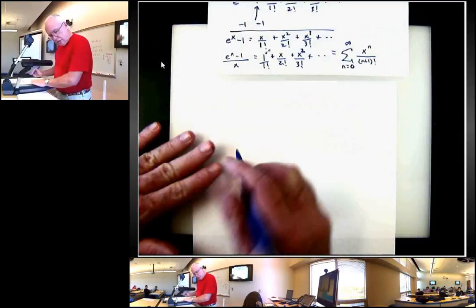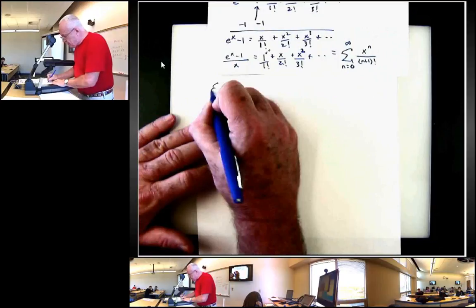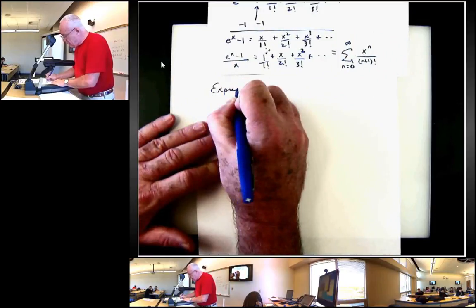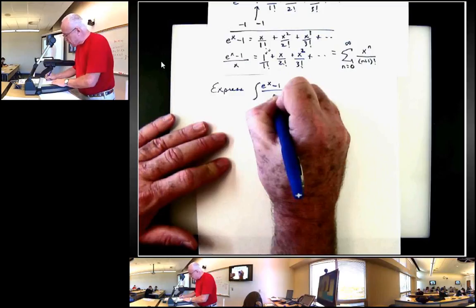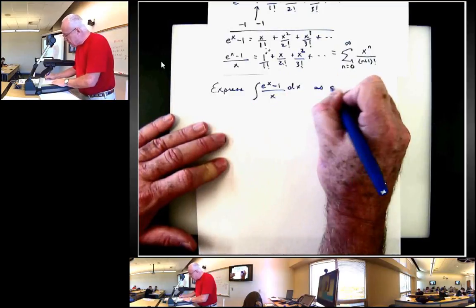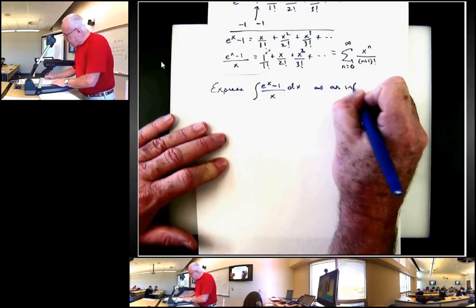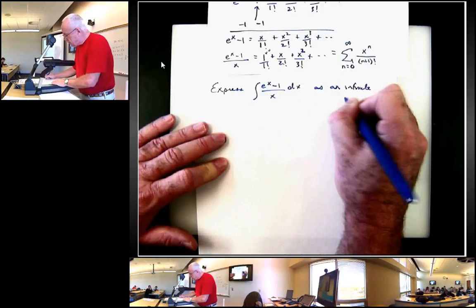How about this question then? Express the integral of e to the x minus 1 over x dx as an infinite series.